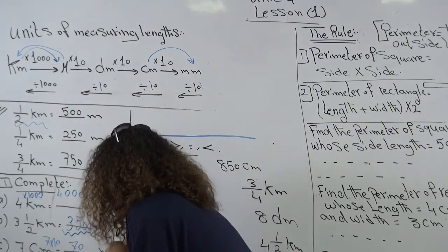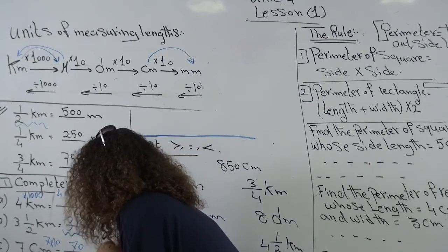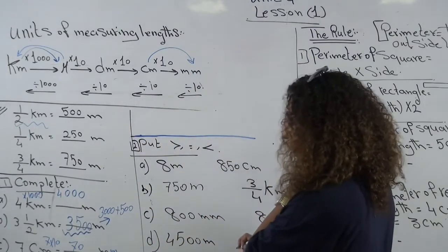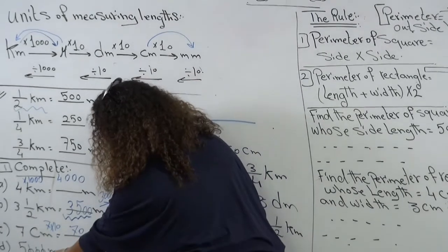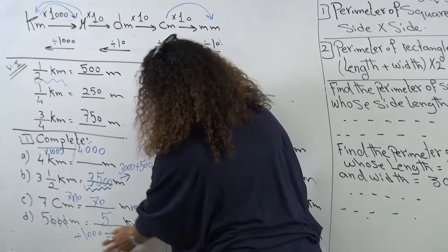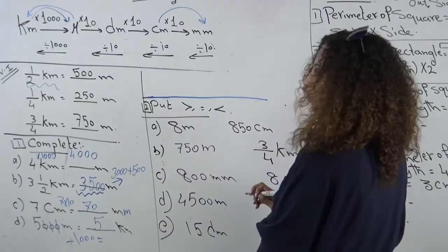Or in a simpler way, you have to cancel the 3 zeros, so the result will be 5 only. Check your answer again. 5 kilometer equals 5000 meter, or 5000 meter equals 5 kilometer. So when you divide, you have to cancel the zeros. It's an easy way to solve this type of example.